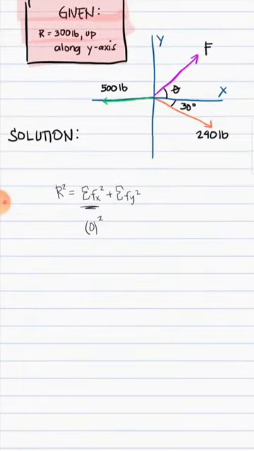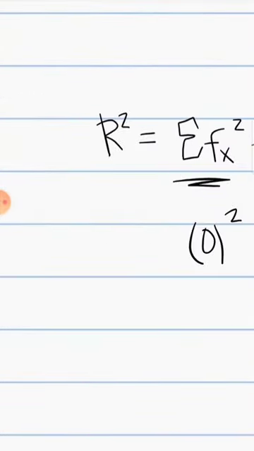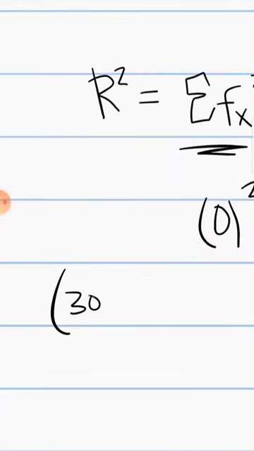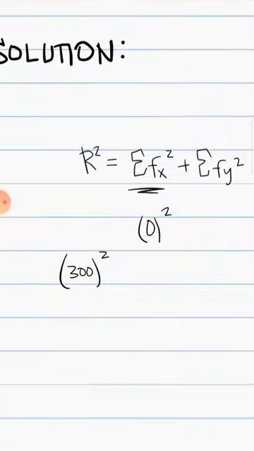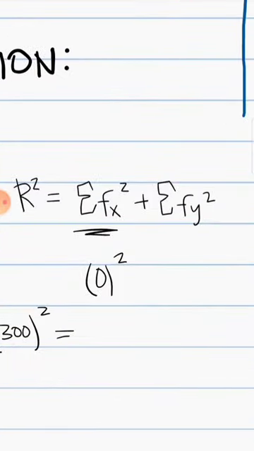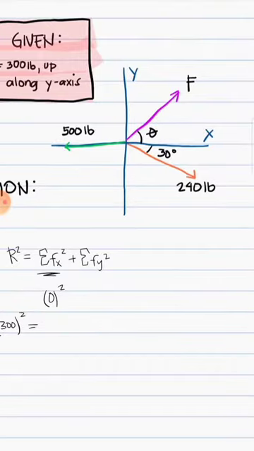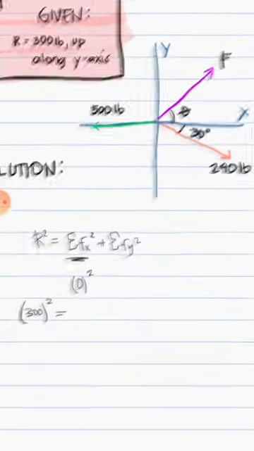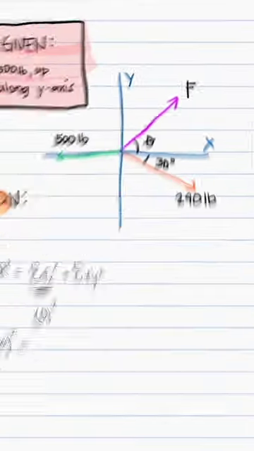medyo tricky, because some students, especially me before, what I would do is take the given 300 pounds as the resultant and sum the forces in the x, which makes it very complicated and error-prone. What's the sum of the forces in the x here?